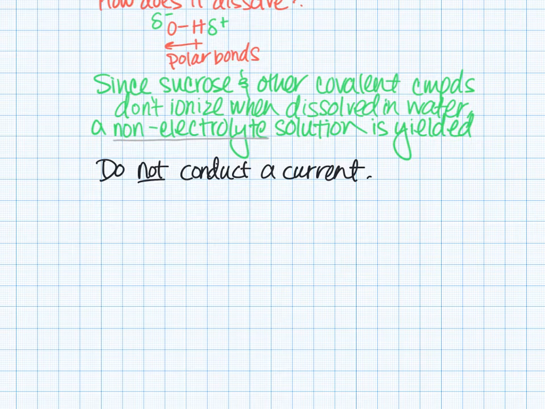And just as a reminder, remember that an electrolyte is a substance that conducts a current when dissolved in water. So although sugar dissolves in water, it doesn't actually conduct a current. So for the most part, we can categorize covalent compounds.